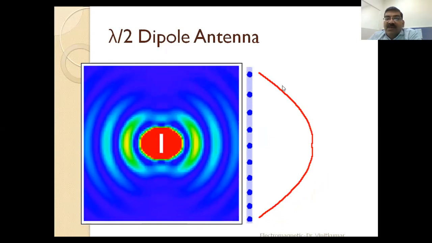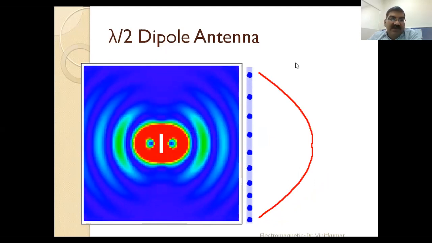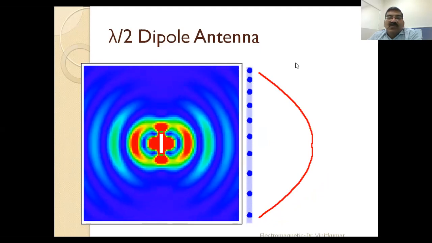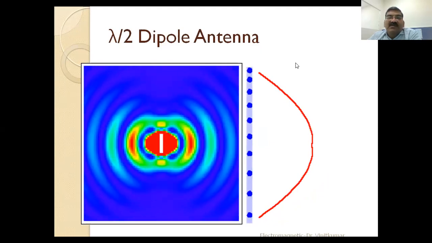What is lambda? Can anybody give me the formula for wavelength? What is the relation between frequency and wavelength?